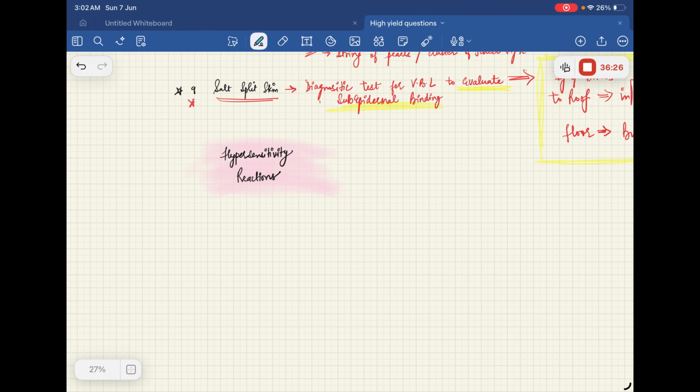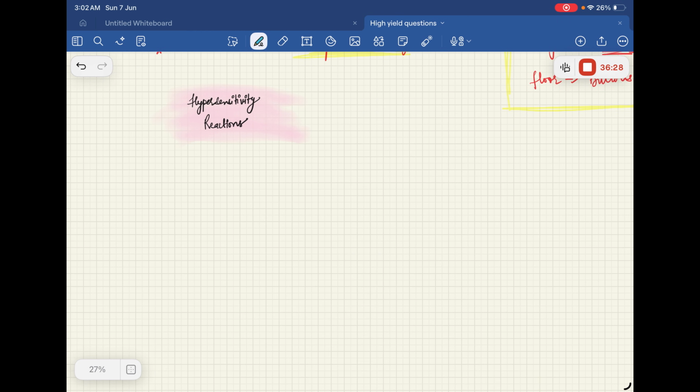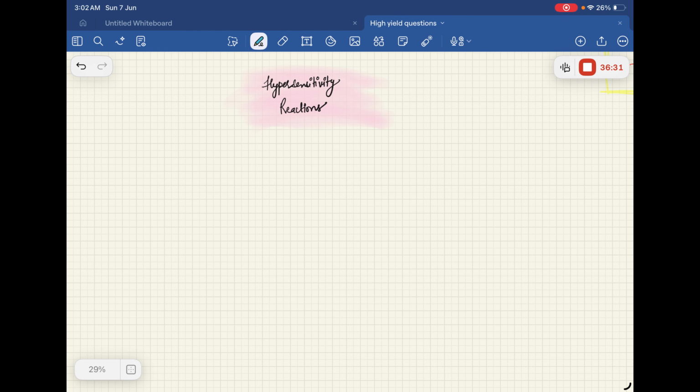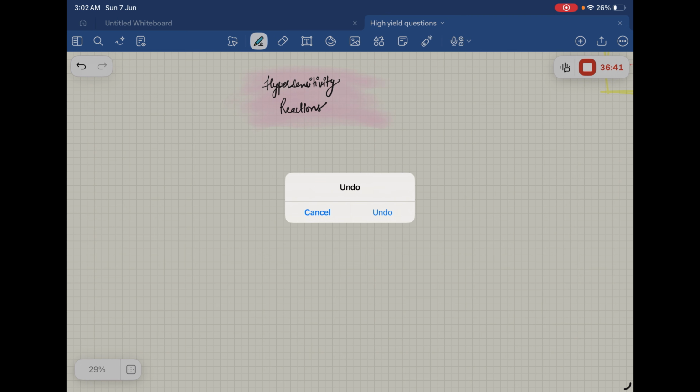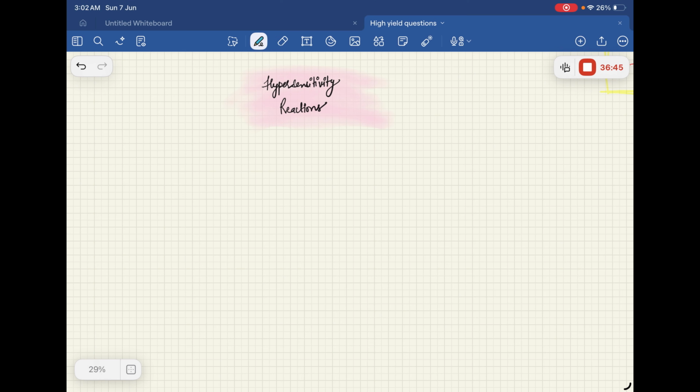Okay. Now the last topic we have to discuss are the hypersensitivity reactions. So we all know there are four types of major hypersensitivity reaction, which is type 1, type 2, type 3 and type 4. So let's start.